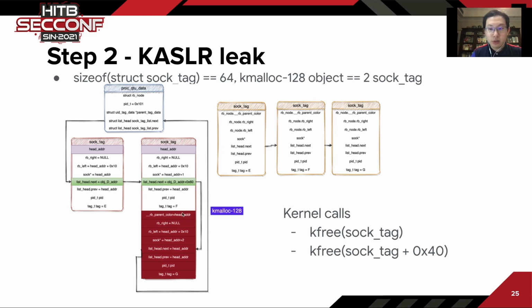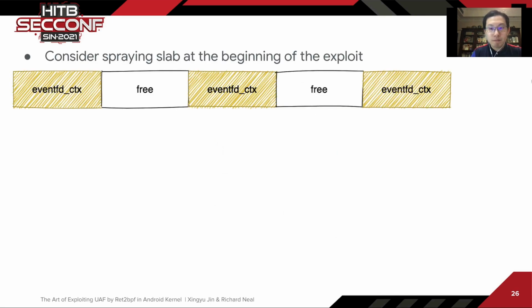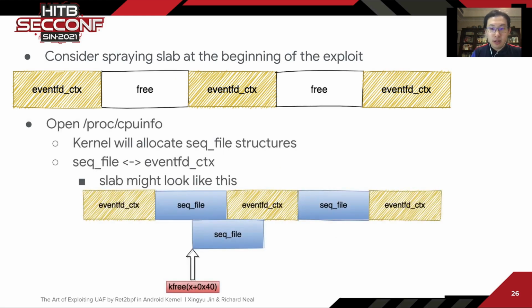Consider spraying the slab at the beginning of the exploit, and then keep opening a lot of proc cpuinfo, so the kernel will allocate a number of seq_file structures. Because of the double free primitive, 2 seq_file structures are very likely to overlap each other in this case.